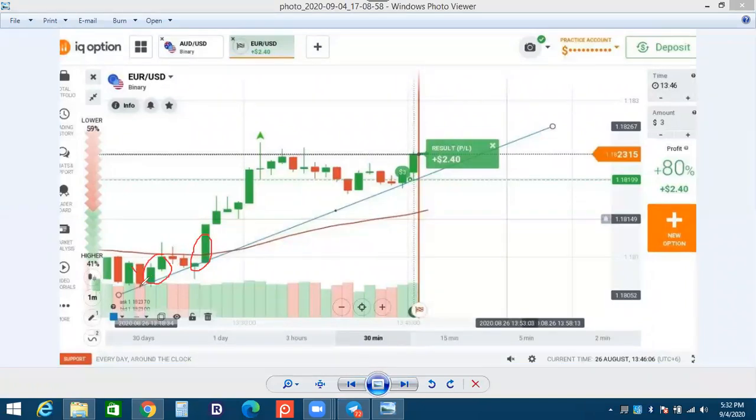I just draw a line from point A to point B. When the candle touches the level, this trend line level, okay? So here, one green candle and place a trade on the second green candle. That is your entry point. So this strategy will work 90% sure.